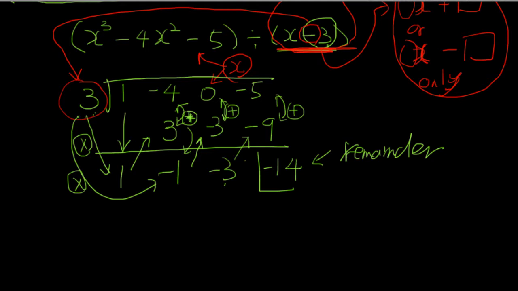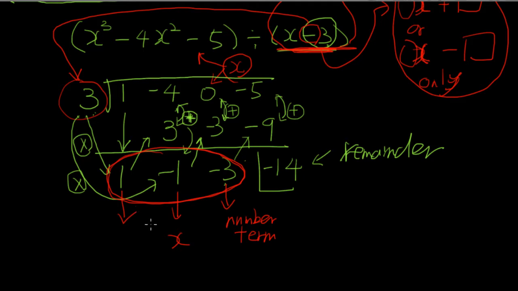So we got this result, and we're going to put it in that actual answer format. So let's go backward. This would be the number term. This would be the x term.